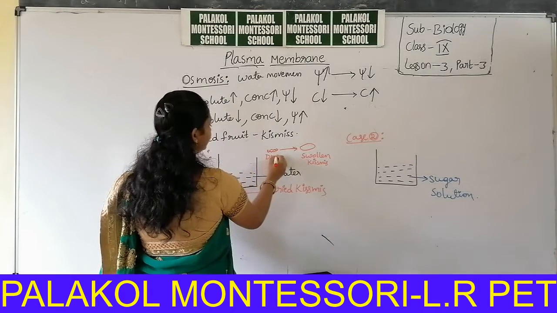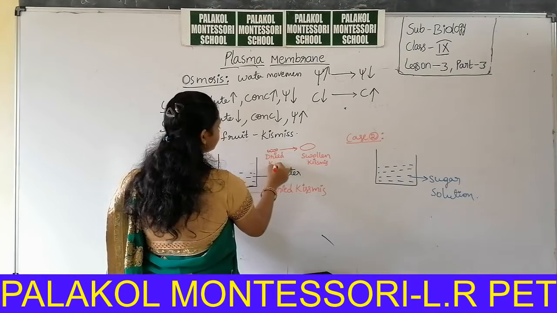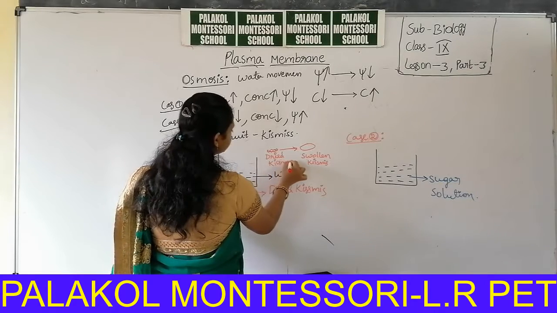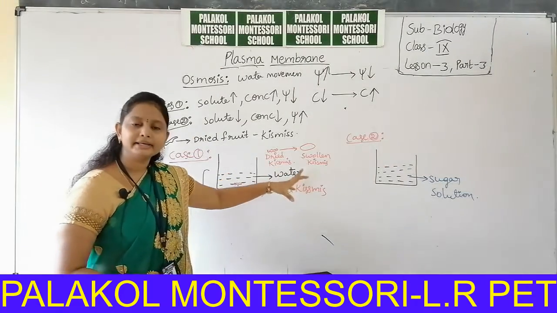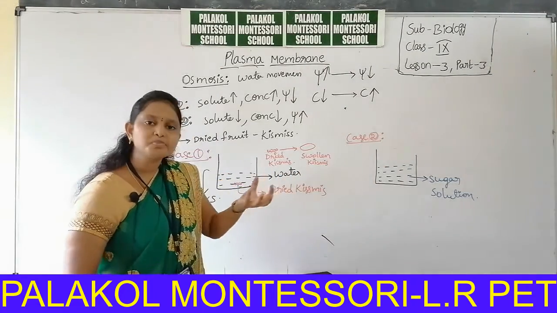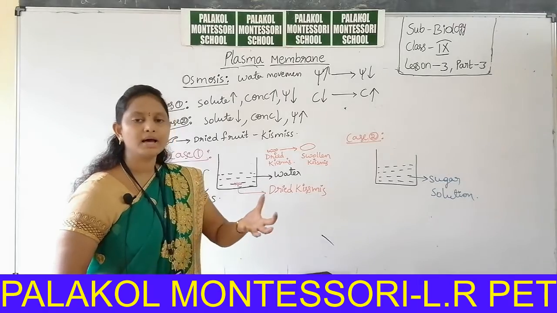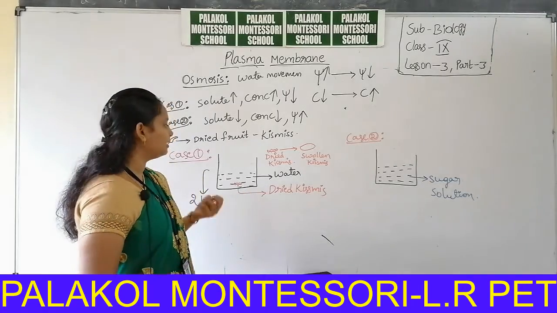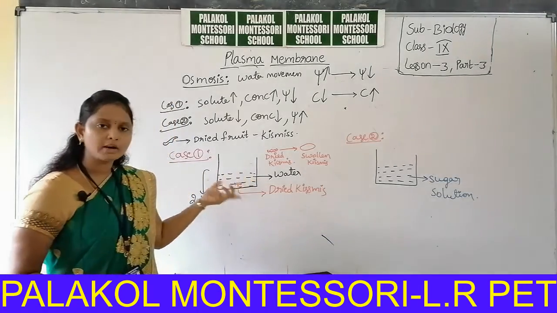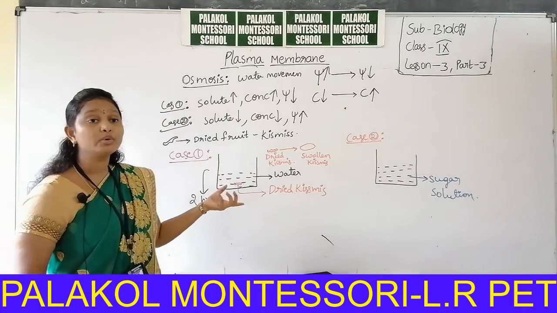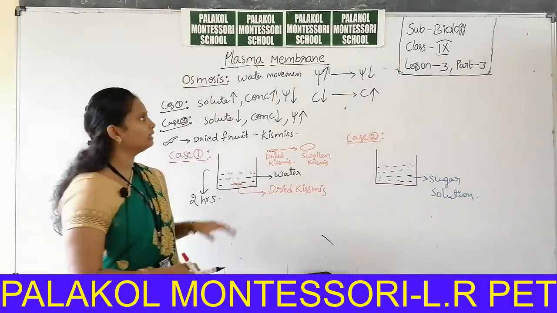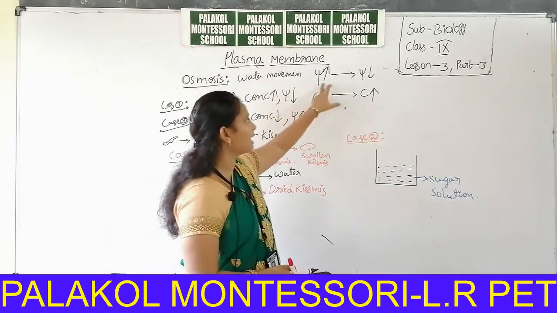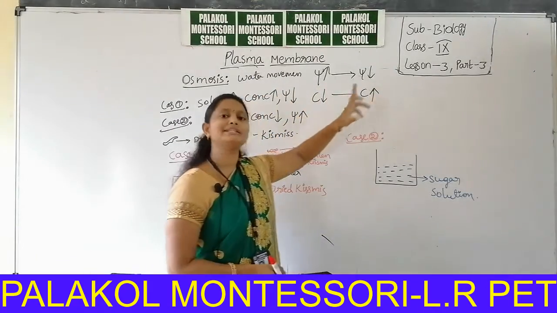This is dried kismis. So why does it become swollen here, students? Due to the absorption of water. Why is water absorbed here? Due to osmosis. I said that water movement is always from high potential area to low potential area.